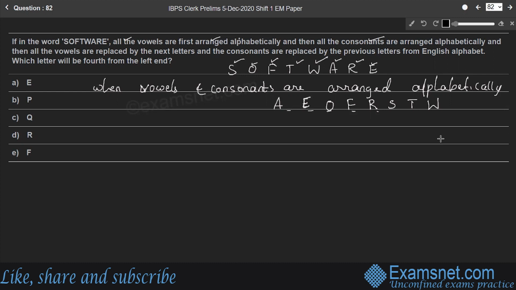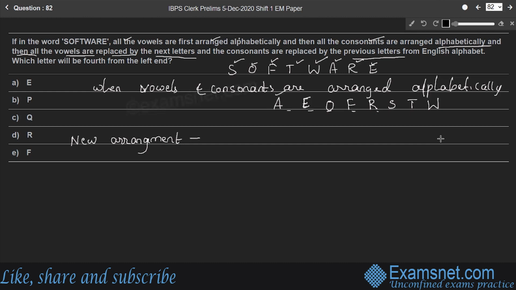So come back to the question. All the vowels and consonants are arranged alphabetically, and then all the vowels are replaced by the next letters and consonants are replaced by the previous letters. Here all the vowels are replaced by the next letters.